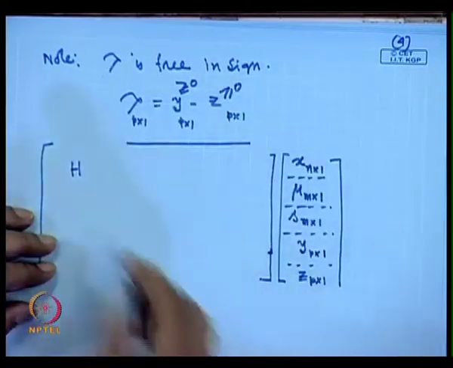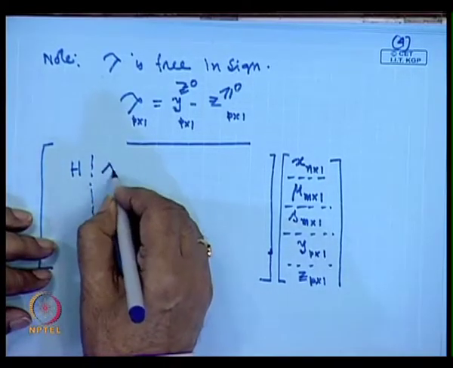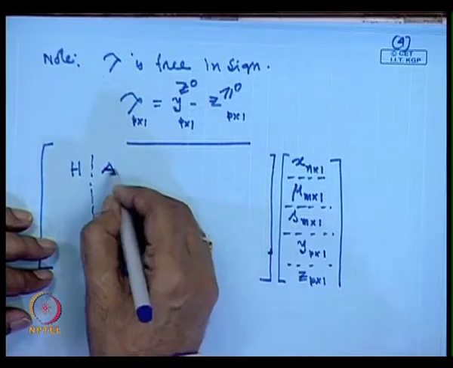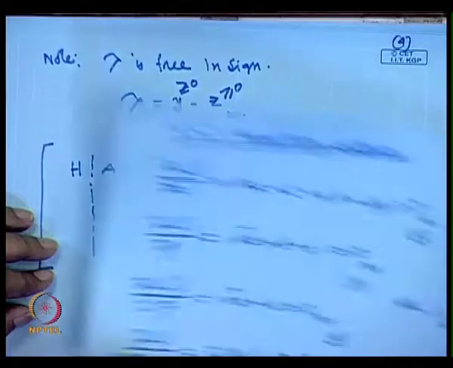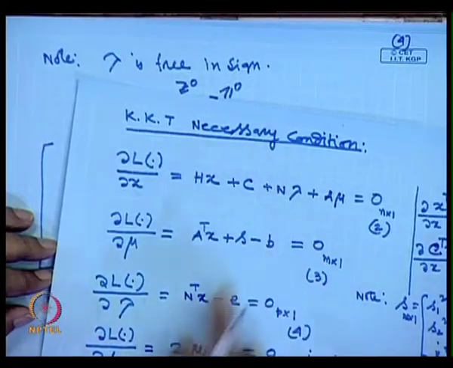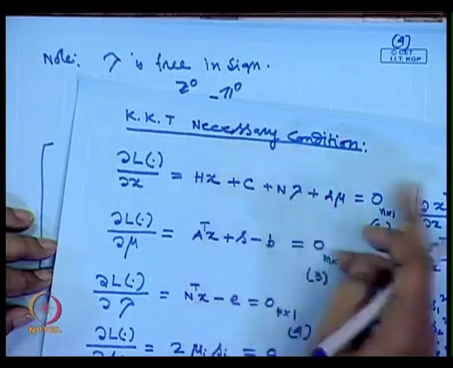So, a multiplied by mu. So, this I have written. Then lambda, n multiplied by lambda, lambda is y minus z.